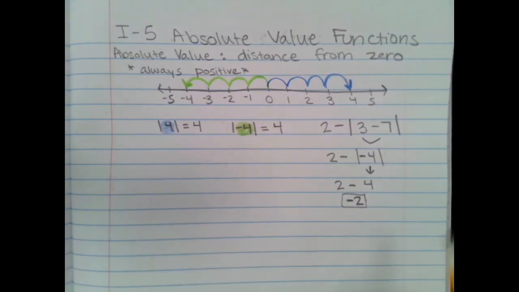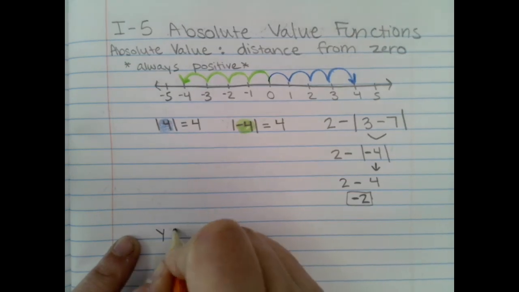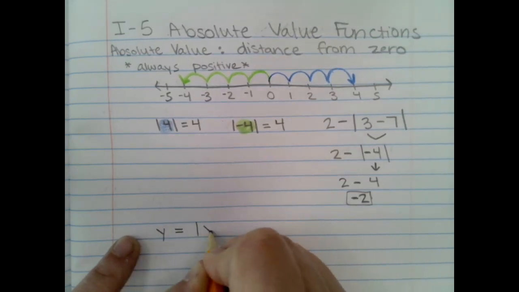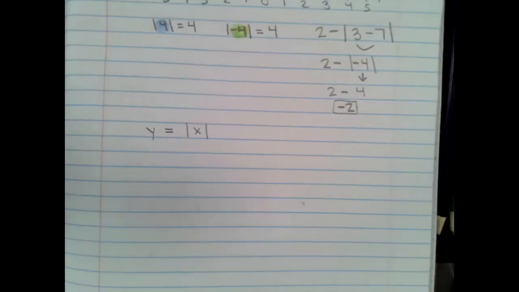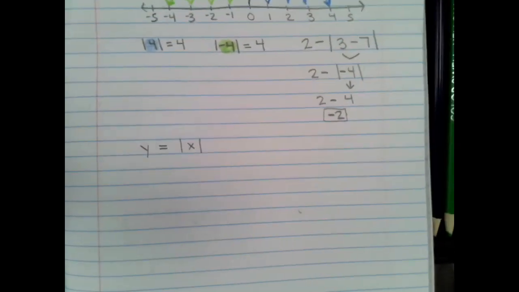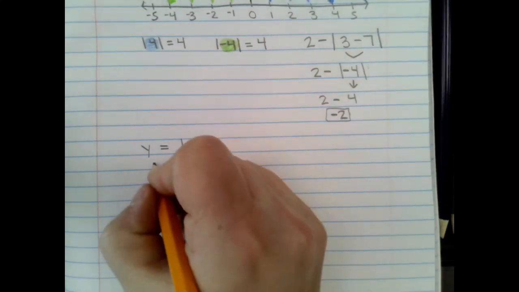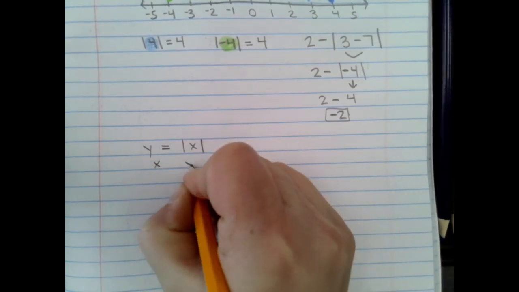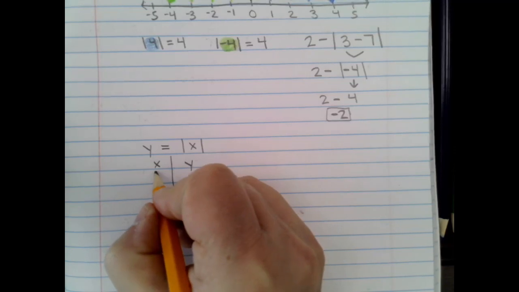So we're going to start with the most basic equation here, which is y equals absolute value of x. We're not going to do anything fancy with this. We're just taking the absolute value of the input and saying that's our output. So I'm taking my x and then my y. Let's start with 3.